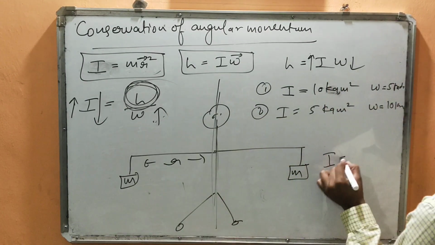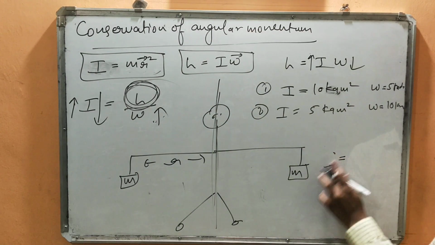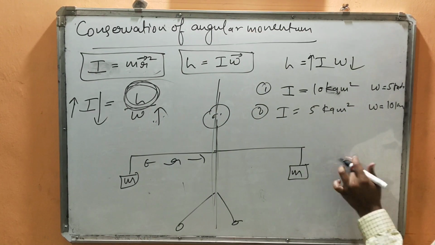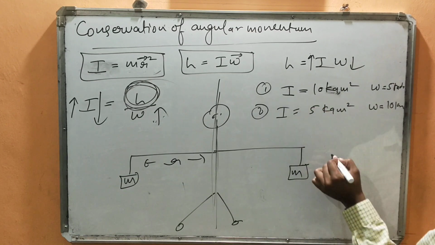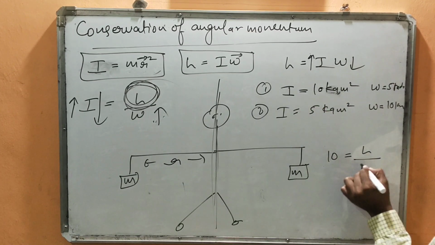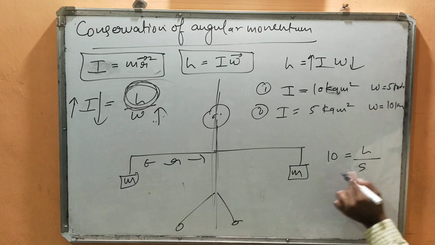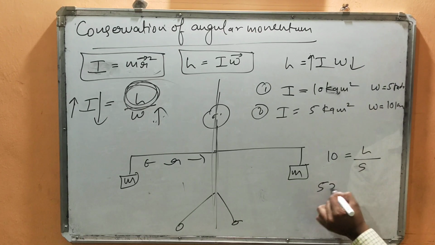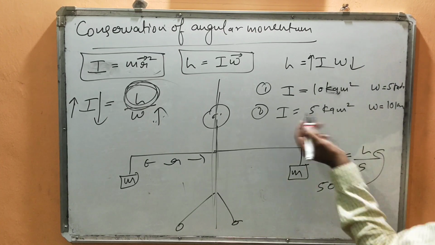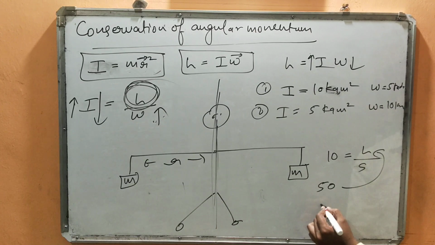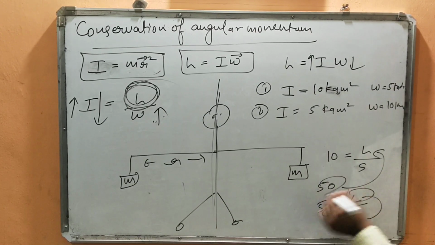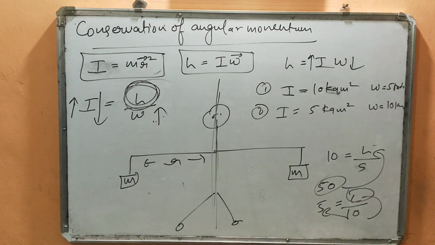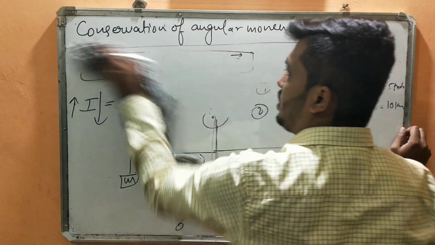In the first case, you apply L equals I omega. I is 10, omega is how much? 5. So 10 into 5 will be what? 50. Angular momentum is conserved. In the second case, again you apply I is 5 and omega is 10. Again 10 into 5 will be what? 50. So every time you are going to get constant angular momentum. This is called conservation of angular momentum.